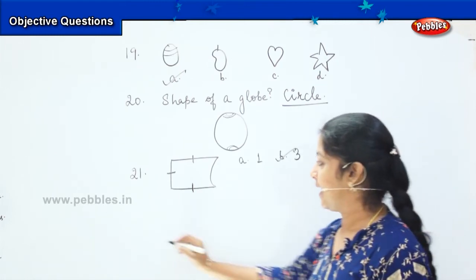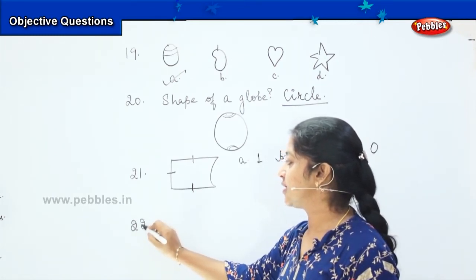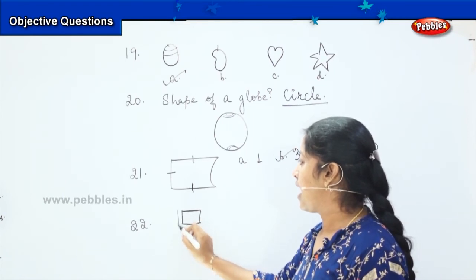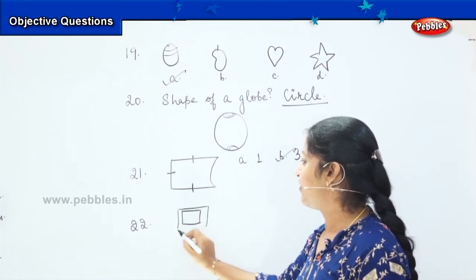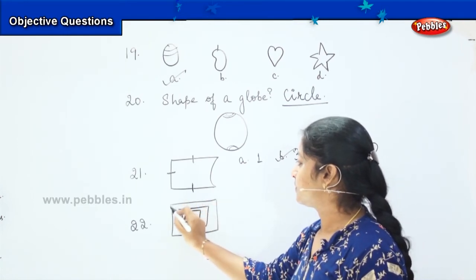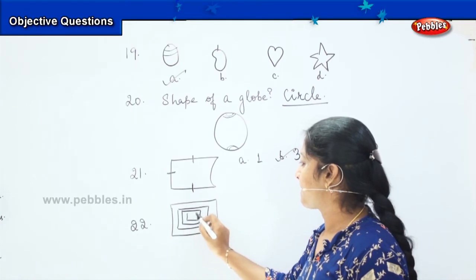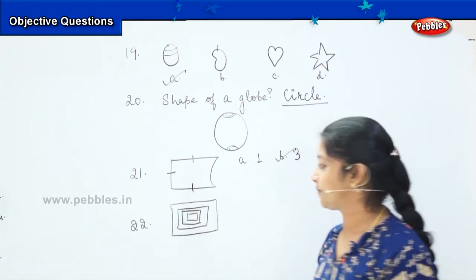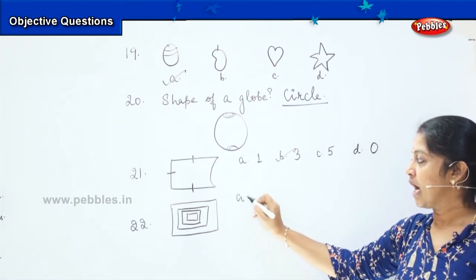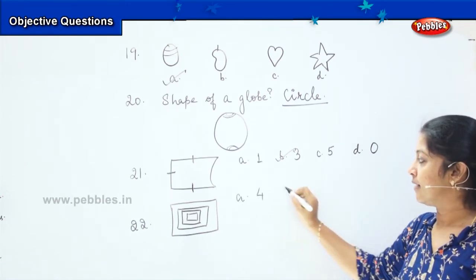Okay? Now, coming to the next question, you need to identify and tell me how many rectangles you can find in this picture. Can you see this picture? Yes. You have to tell me how many rectangles are there.